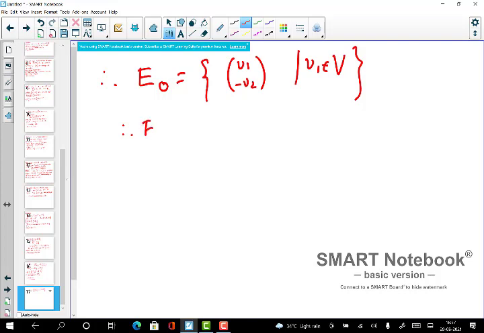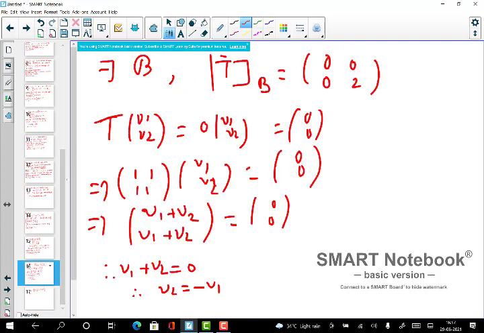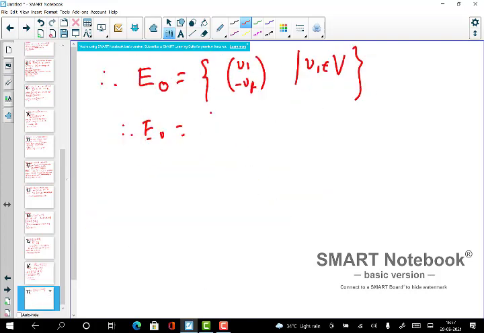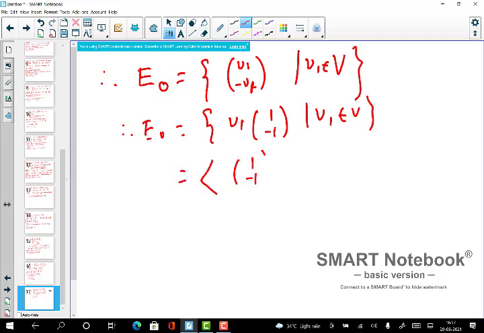That means E0 is generated by v1 only, because v2 equals minus v1. So this is v1 times (1, minus 1), which means it is generated by the vector (1, minus 1). Okay, so this is one vector we just got.